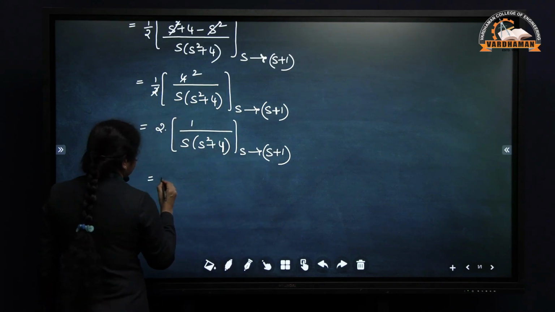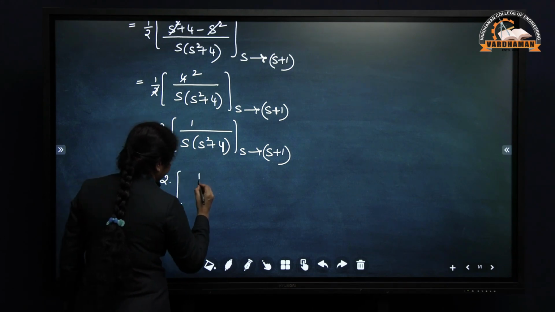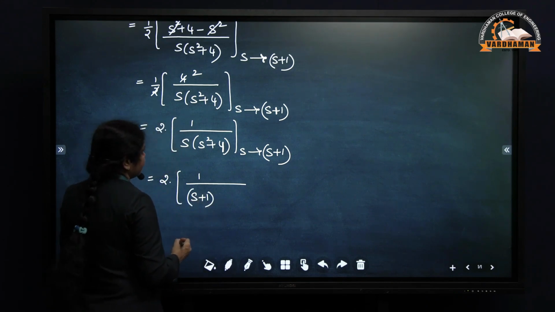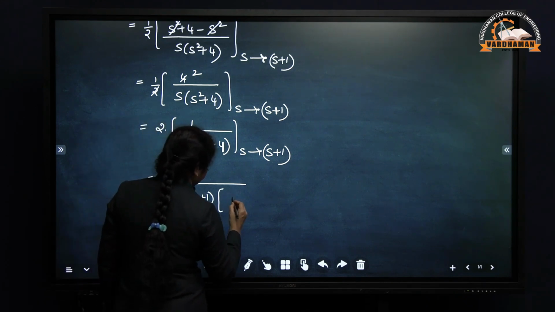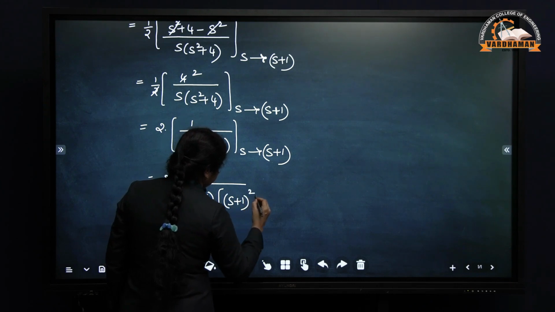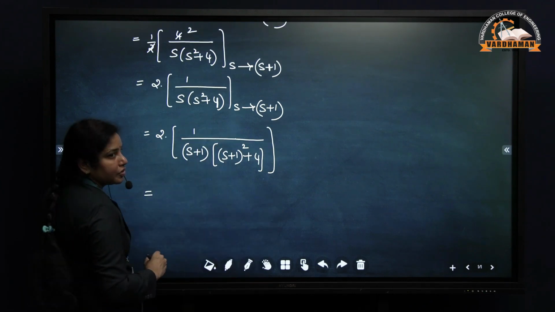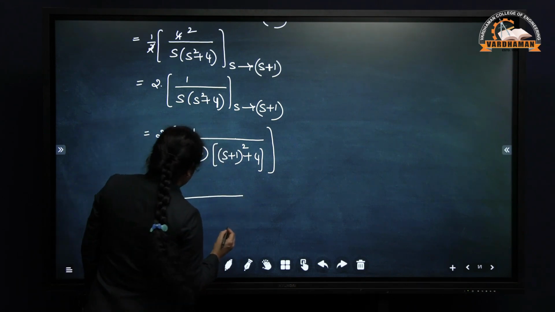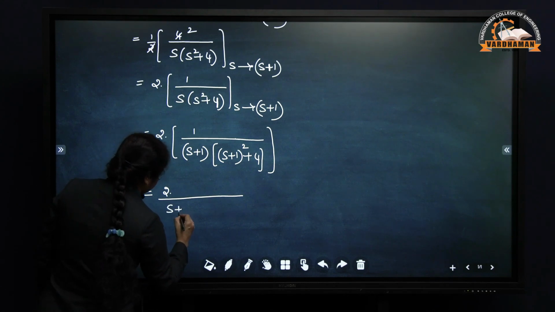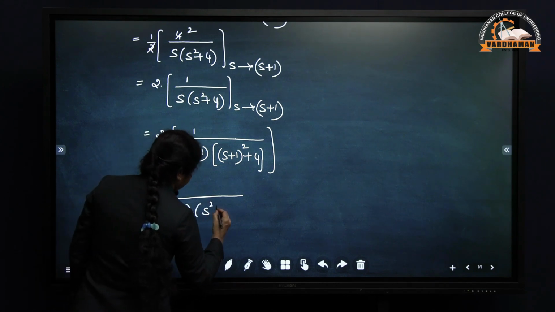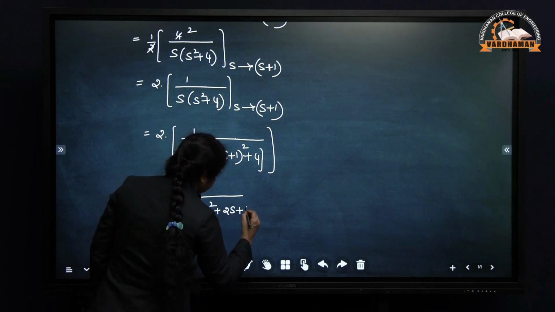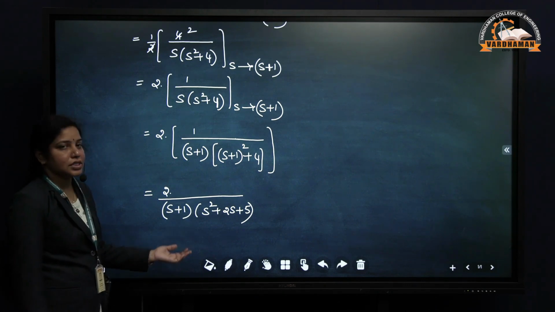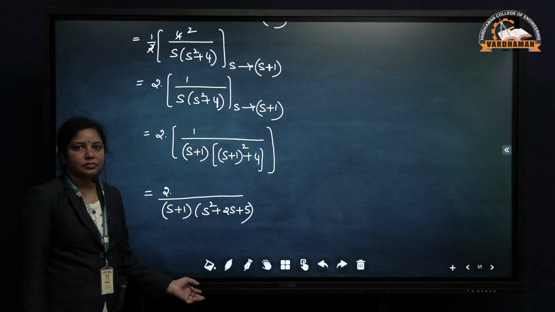This is equals to 2 into 1 by s plus 1 into s plus 1 whole square plus 4. After simplification, we get the final result as 2 by s plus 1 into s square plus 2s plus 5. So this is about first shifting theorem. Thank you.